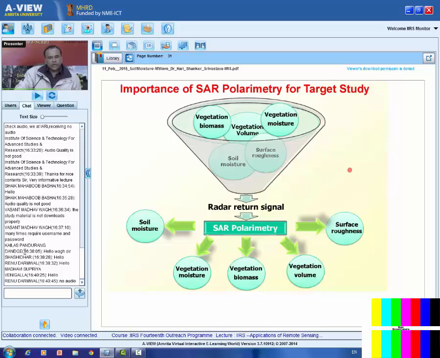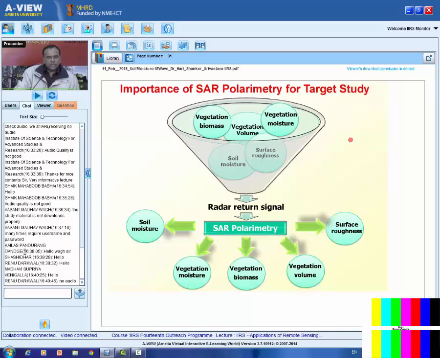Now, so far I told you how to address the problem of surface roughness, crop cover and soil texture as far as soil moisture estimation is concerned, because all these three parameters, surface roughness, crop cover and soil texture, behave as noise parameters. So the remedy is to have either multi-frequency data, multipolarized data or multi-incidence angle data.